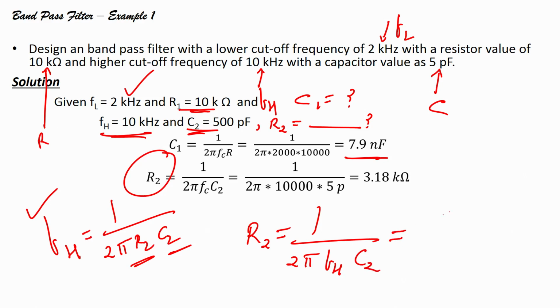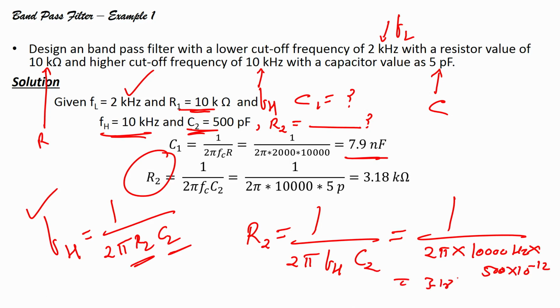What is FH? 10 kilohertz, into C2, 500 picofarad, 500 times 10 to the power minus 12. So, that will give us 3.18 kilo ohm, that you can see here, 3.18 kilo ohm.